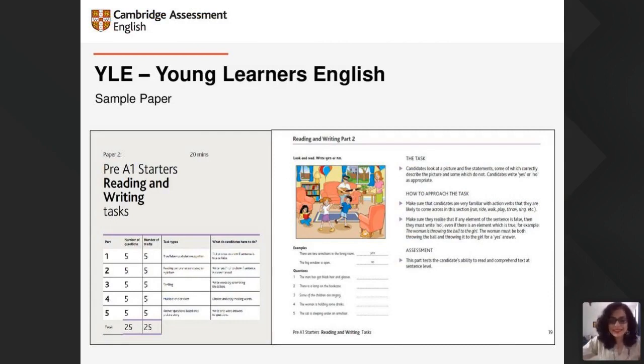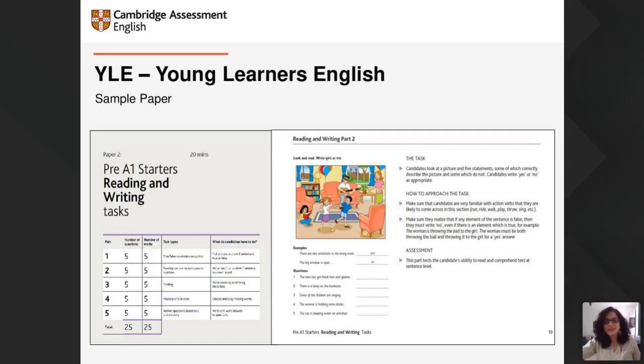Now, to just give you an example, we are looking at the Starters reading and writing tasks. Now, to my left, if you see, this page of the handbook gives you a very clear idea of the number of tasks, number of parts which the reading and writing exam has, the number of questions in each part, the marks allotted for each question, the task type, as in what is the focus of the task, and finally a column which talks about what the candidate needs to do, how the candidate needs to attempt the task.